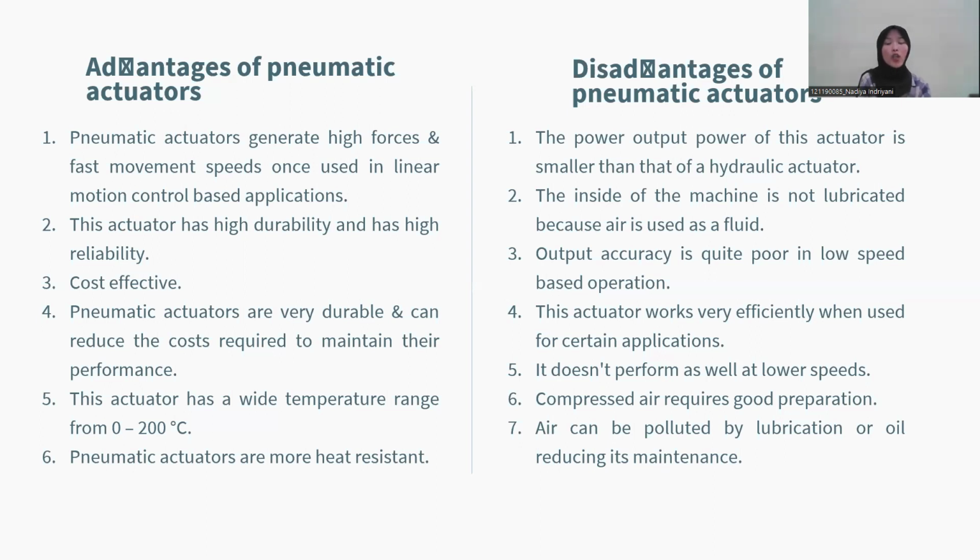This actuator works very efficiently when used for certain applications. It does not perform as well at lower speed. And compressed air requires good preparation. Air can be polluted by lubrication or oil, which reduces its maintenance.